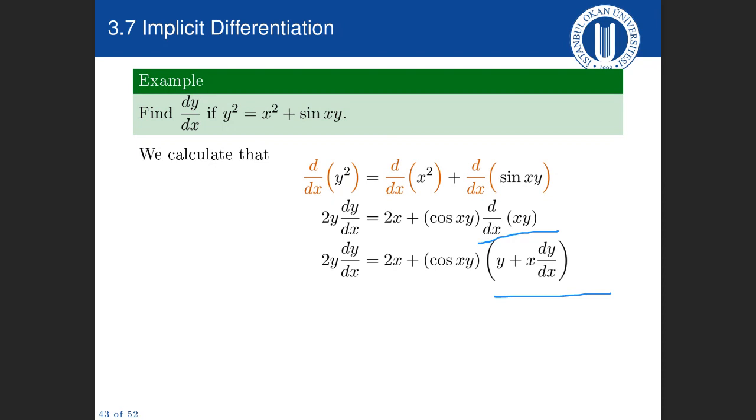So differentiate the x to get 1, leave y as it is, and then plus, leave the x as it is, and then differentiate the y, dy/dx. Just product rule here. After that, we've done all the differentiation that we need to do. Now it's just a case of rearranging this so that we get dy/dx is equal to something.